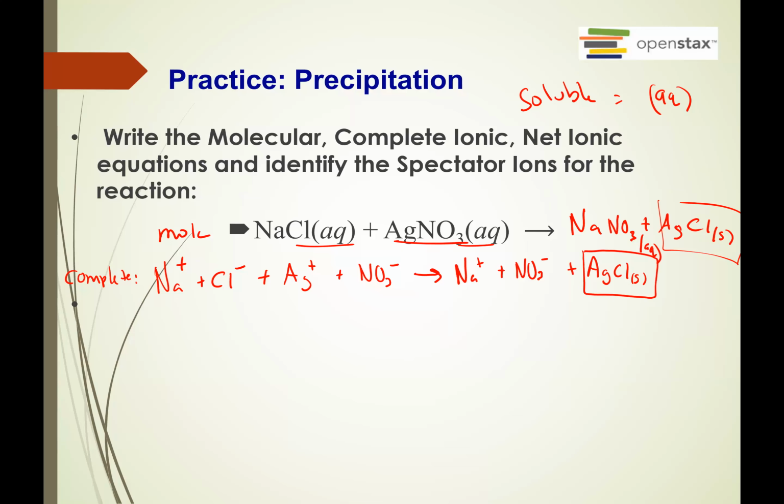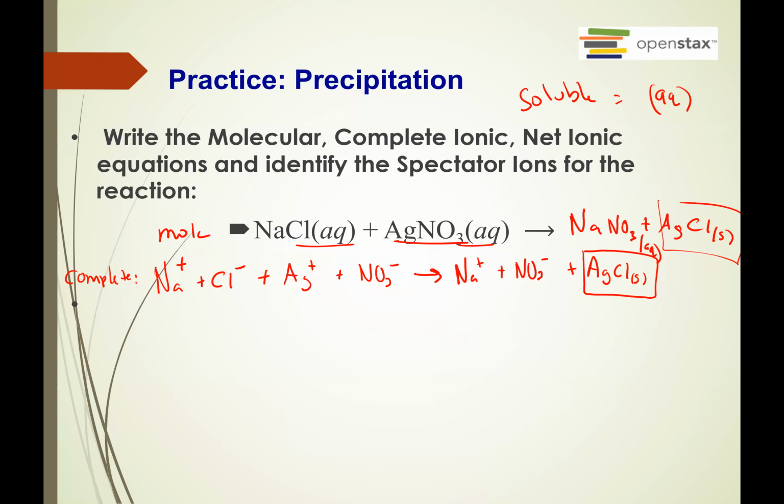I think a really helpful thing to do is, do you see how I put that box around the solid? Put a box around your solid to remind your brain not to touch it. Once we decide what is the solid, don't touch the solid. Okay, so that's our complete ionic equation.